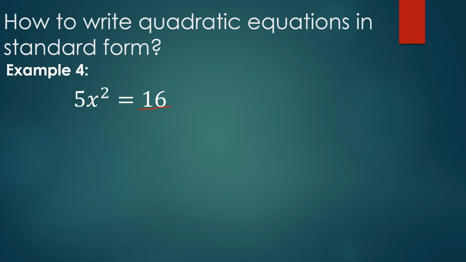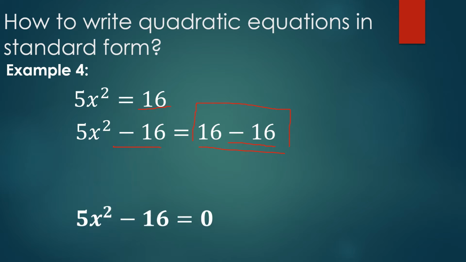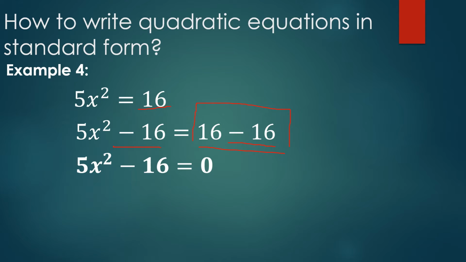By applying the addition property of equality, we are going to add negative 16 to both sides of the equation to make the right side equal to 0. So by simplifying, 16 minus 16 is equal to 0.